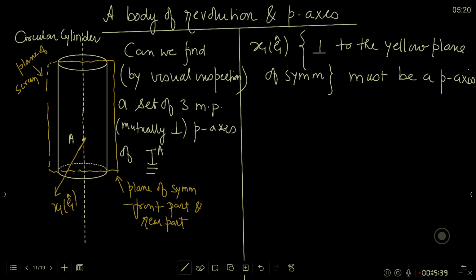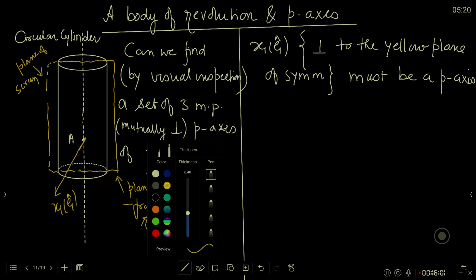But then this is not the only plane of symmetry that this rigid body has. The fact that this body is a body of revolution means there are infinite vertical planes of symmetry.